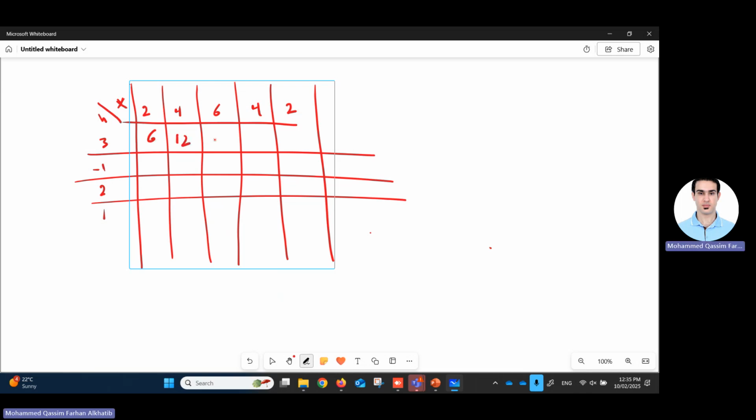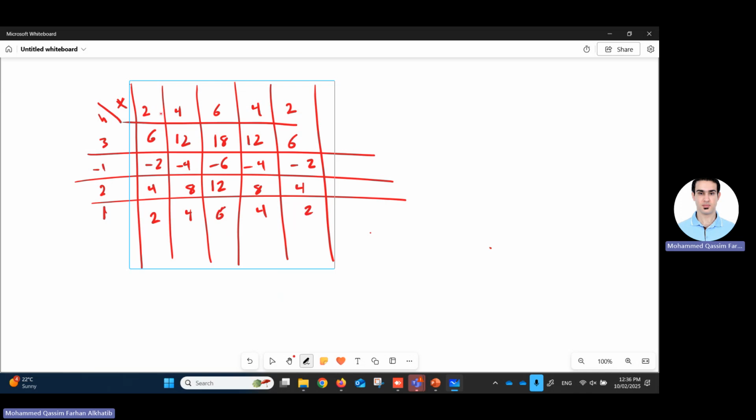So I have 6, 12, 18, 12, 6, and then negative 2, negative 4, negative 6, negative 4, negative 2, then 4, 8, 12, 8, 4, and then that's a 1, so it's going to be 2, 4, 6, 4, 2.